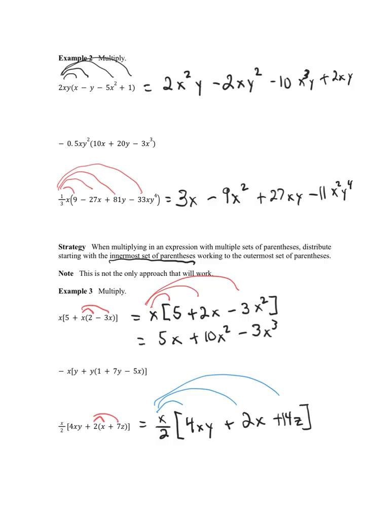So there's going to be some canceling happening here. 2 goes into 4 2 times, so that's going to be 2x squared y. 2 goes into 2 once, so that cancels to a 1. So x times x would be x squared. 2 goes into 14 7 times, so plus 7xz.